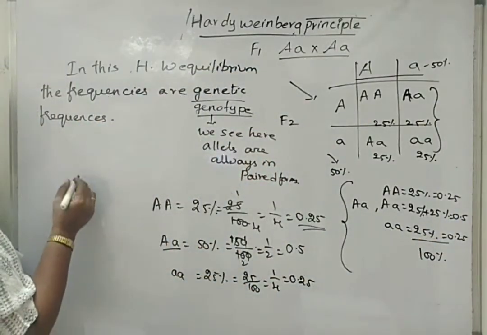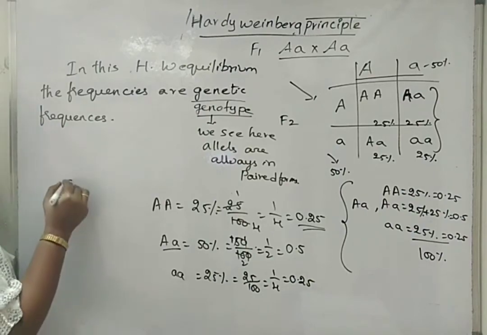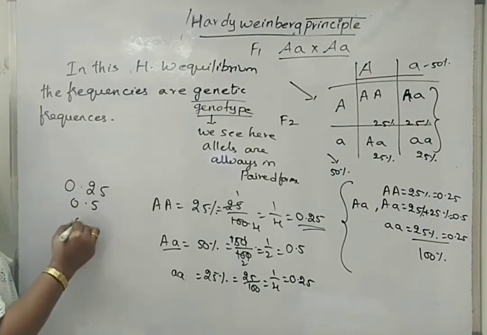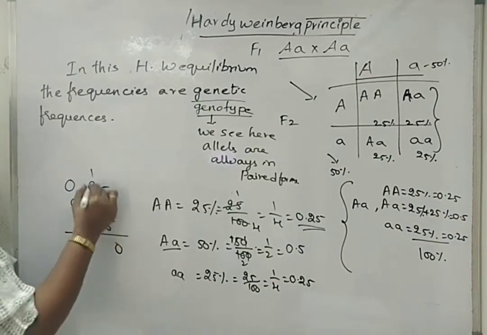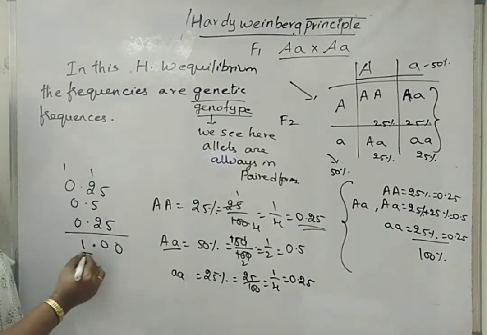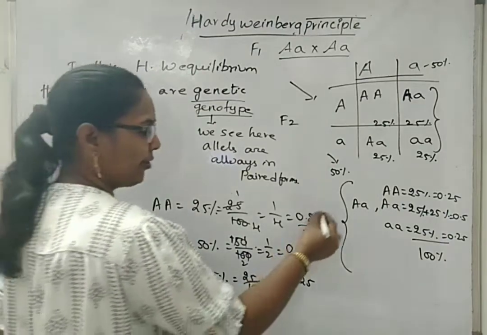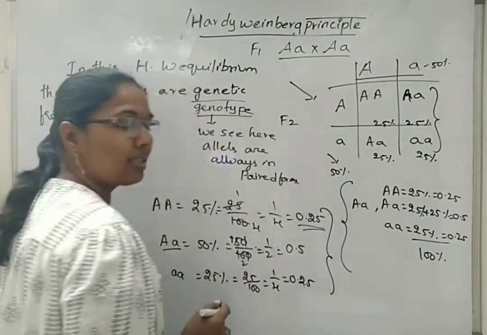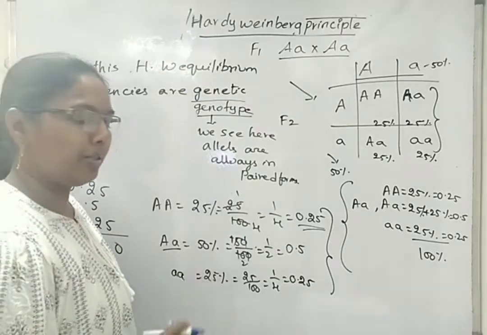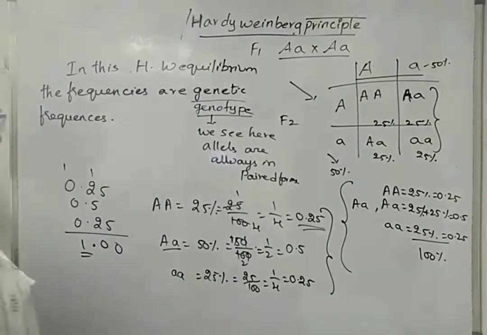If we add all of those in the gene pool, 0.25 and 0.5 and 0.25, we get 1 as the answer. It means the sum total of the gene pool is constant for that particular species in a population.